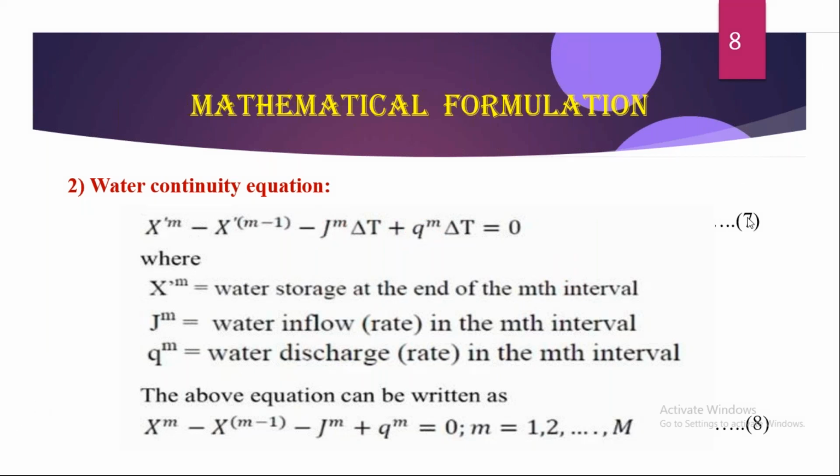Reference, this is equation 7, and equation 7 can be represented in the form like this. This is the change between the previous month and this month, so they indicate it as delta t. Delta t means the total time period. And equation 7 we can represent the same as equation 8. Just note down equations 7 and 8.